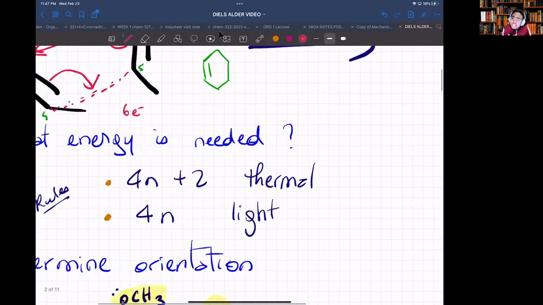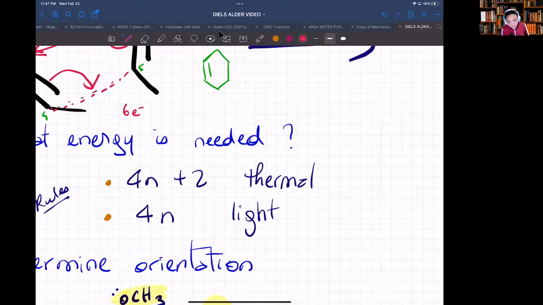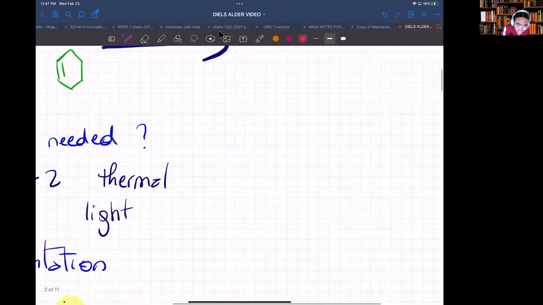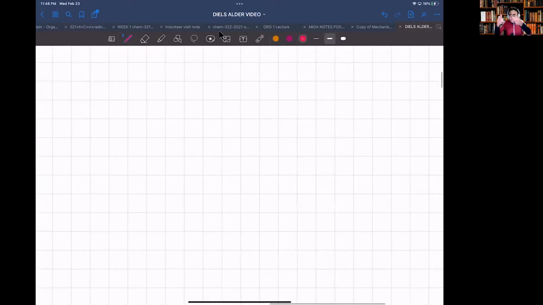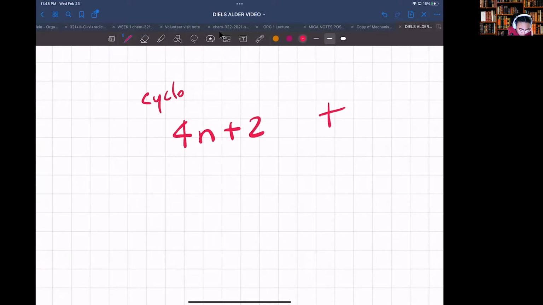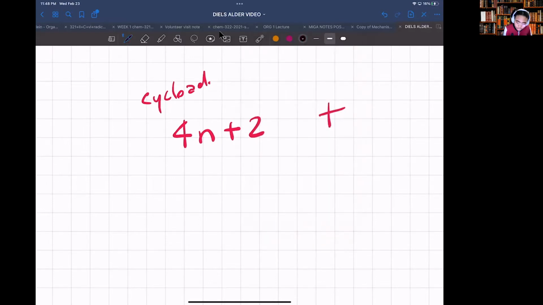Usually I memorize only one of them, one row. I like to memorize this because it looks nice, right? 4n+2 thermo. On the exam, when the professor brings that sheet, once I receive my exam sheet, I write 4n+2 thermo, and of course I know it's cycloaddition, because we will have something else for other pericyclic reactions, right? For cycloaddition, I know it's going to be 4n+2 thermo.